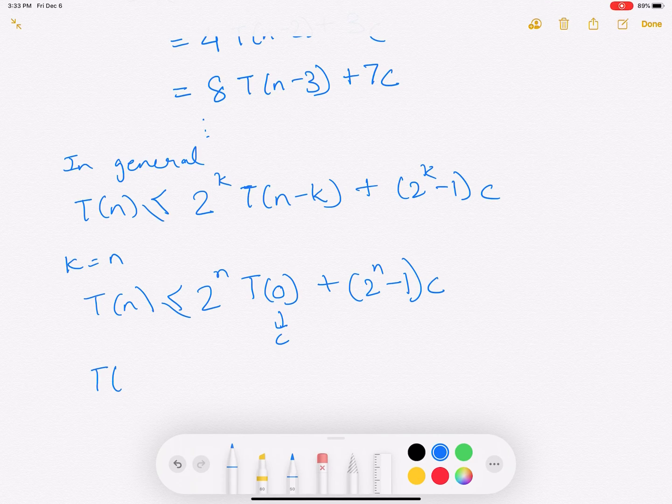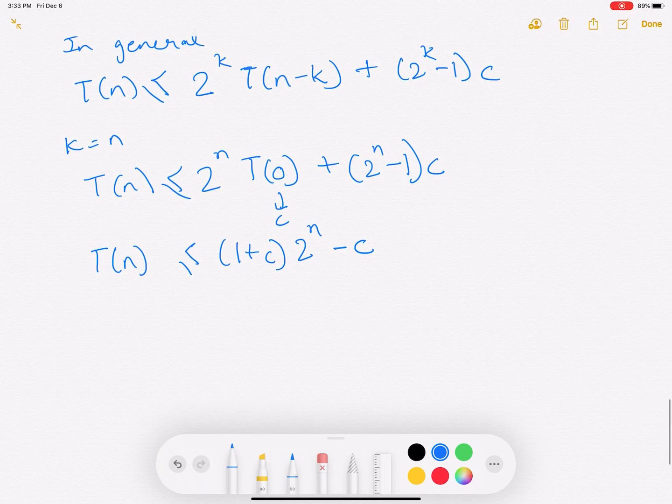So this will give Tn less than or equal to 1 plus c 2 to the n minus c. So as we are interested in the asymptotic runtimes here, we will not bother with the constants. So this will give us Tn as equal to O of 2 to the n.